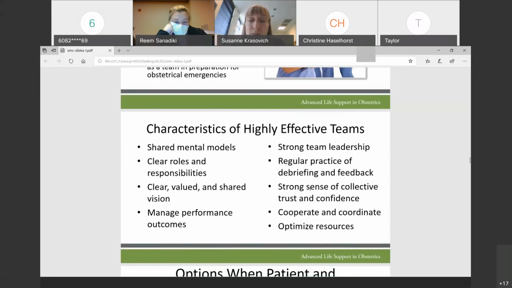There should be strong team leadership, regular practice and debriefing of feedback, and a strong sense of collective trust and confidence. The team should cooperate and coordinate, as well as optimizing resources to manage their performance outcomes.